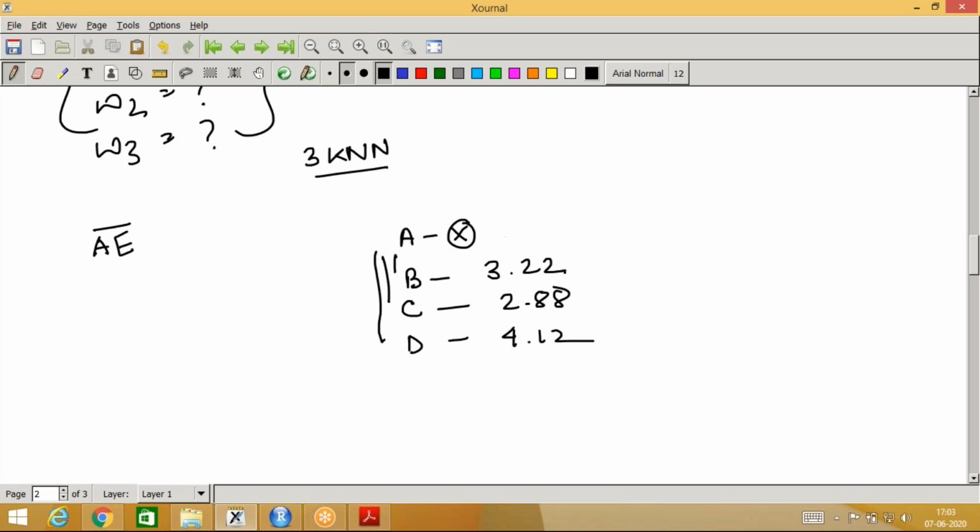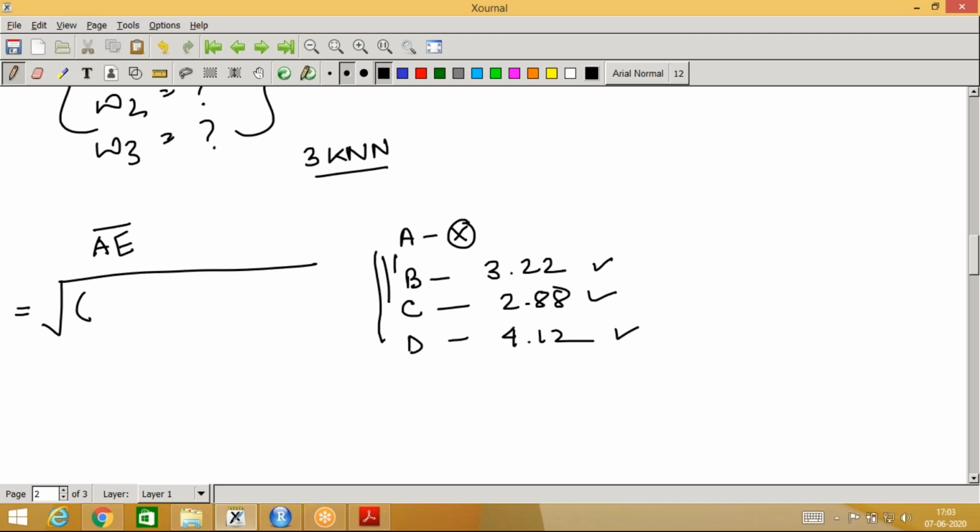A, B, C, D are 4 points, and these distances I have found as of now. And now I am calculating the 4th distance, the distance of A and E.